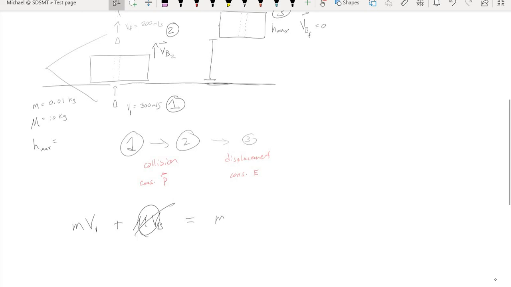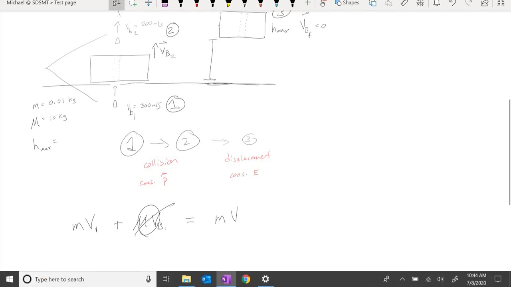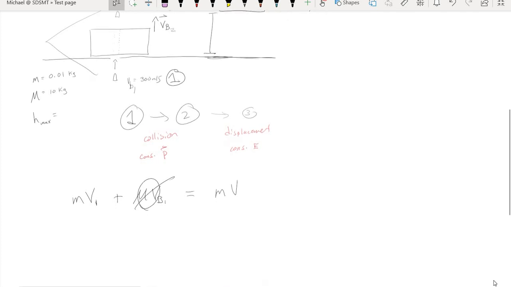So we'll have velocity of bullet at site 2. We should probably put in some subscripts here just to make sure that everything is labeled properly.